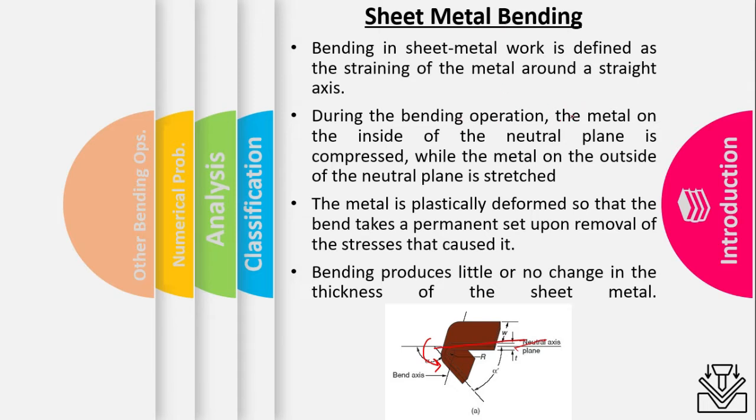During this bending operation, the metal on the inside of the neutral axis is experiencing compression, while the metal on the outside of the neutral axis experiences tension.